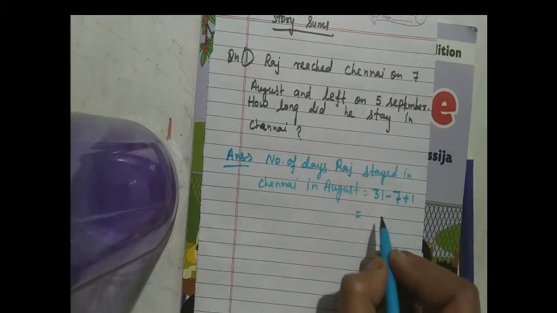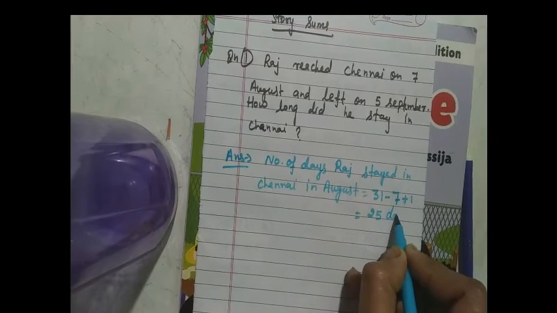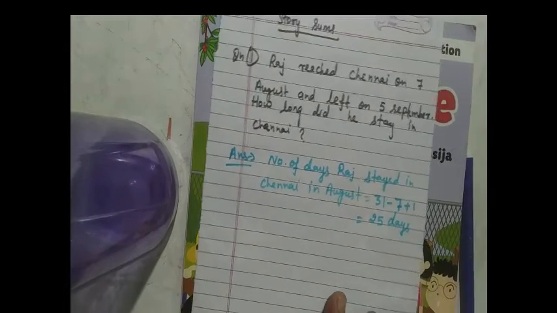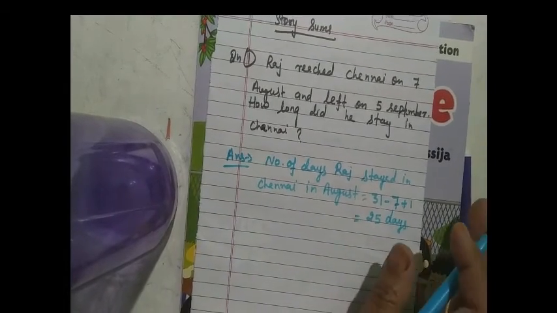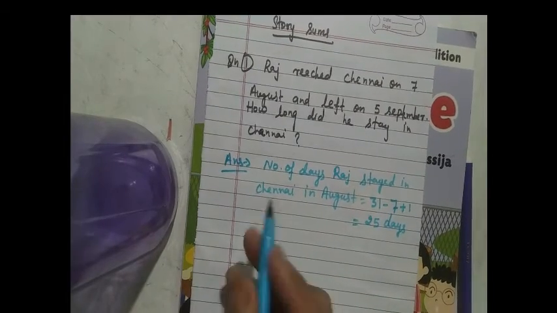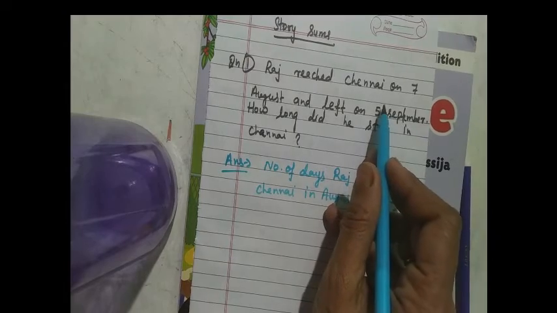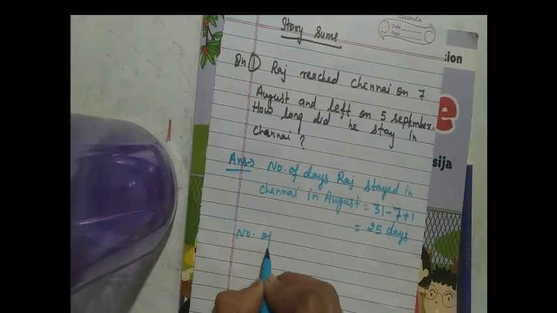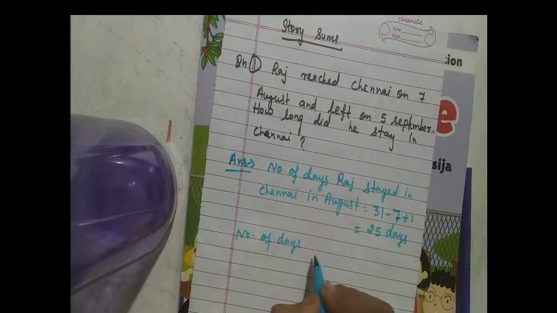And in September, how many days? In September, 1 to 5. Clear? Number of days Raj stayed in Chennai in September. How many days?